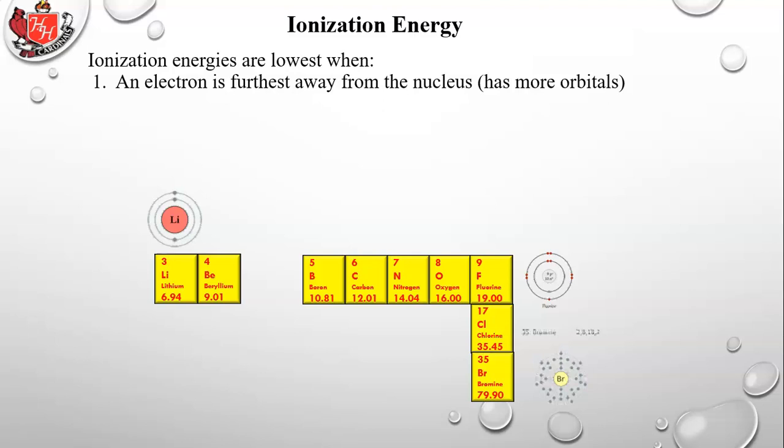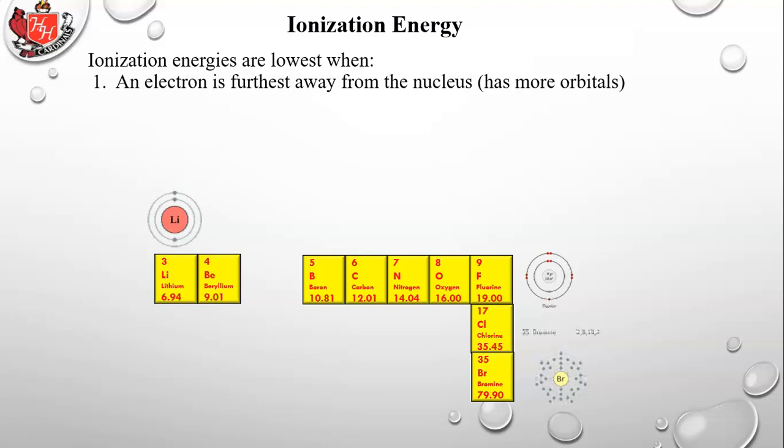The images are not real sharp, but if you see bromine down there in the bottom right, and up above you see fluorine, you can see that bromine has a lot of orbitals because it's down in the fourth row. And so that means that its valence electrons are way out in the fourth orbital. They're a long way from the nucleus, and so it's easier to pull them away.